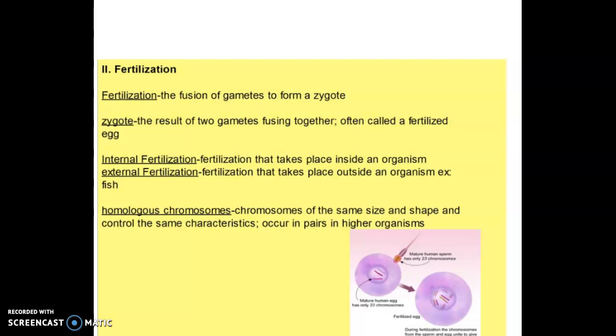And then types of fertilization. We have both internal and external fertilization. Fertilization that takes place on the inside of an organism is called internal fertilization. So obviously humans have internal fertilization. Birds have internal fertilization.